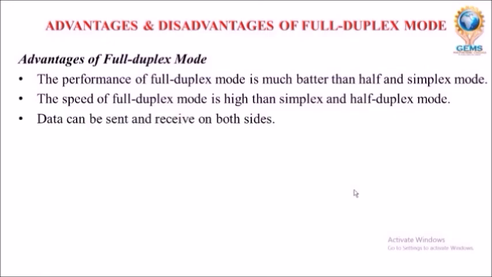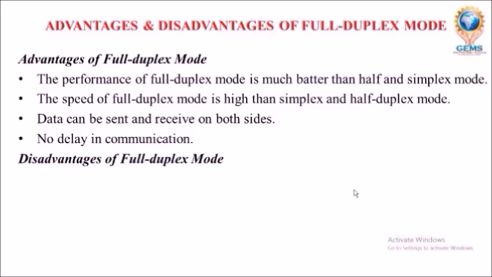Data can be sent in both directions simultaneously. There is no delay in the transmission, because if we provide the same path for two-way communication, there will be no traffic jam, and due to no traffic jam there will be no delay at all. Okay, fine. So these are some advantages of full duplex mode.